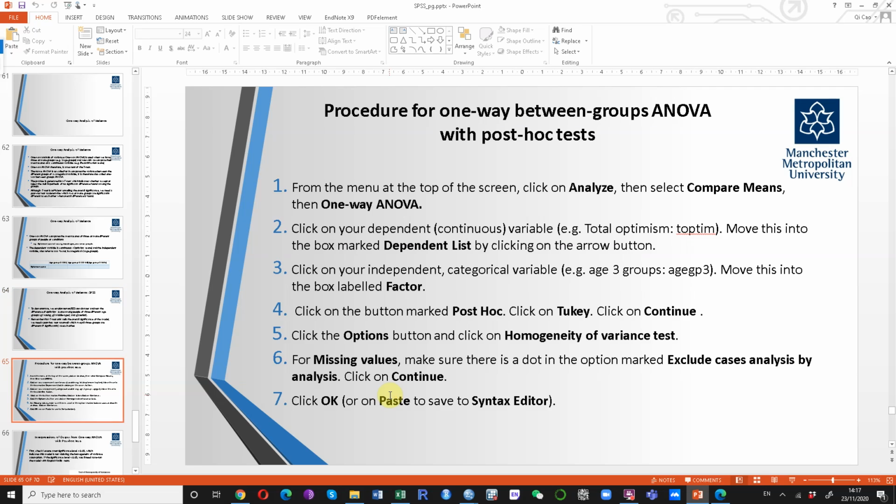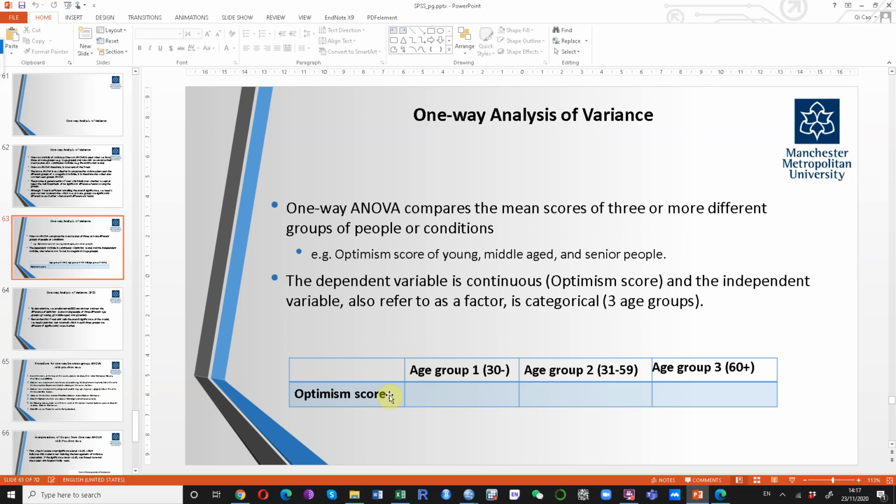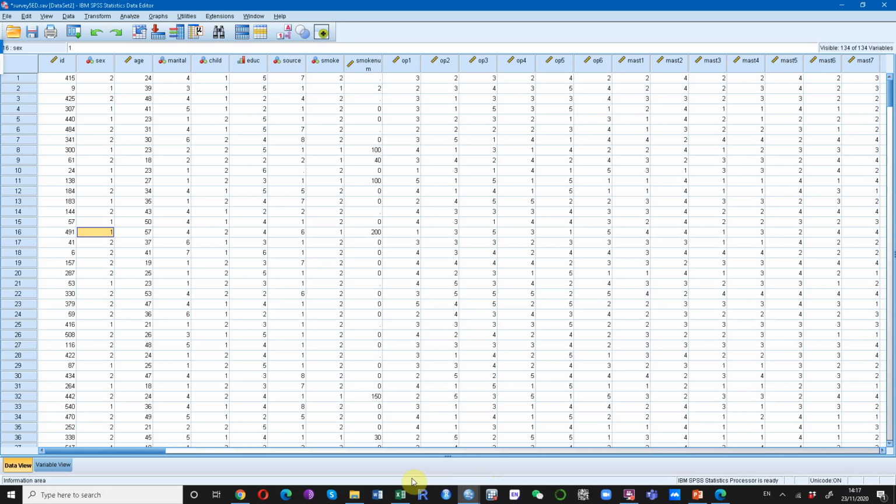Again, we've got a detailed walkthrough, where we do it together with SPSS with this hypothesis, with this assumption. Okay, so this is the complete data set. We're looking at age group 3 impact on optimism score.